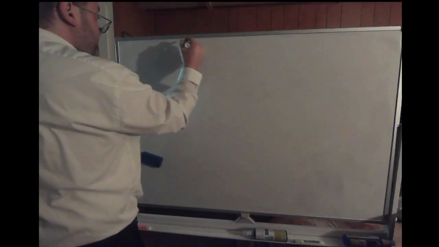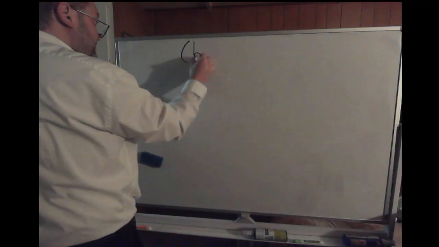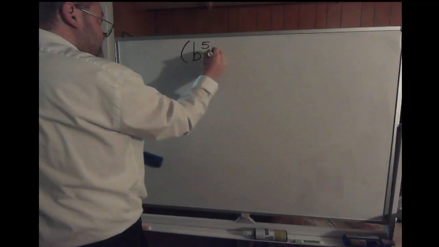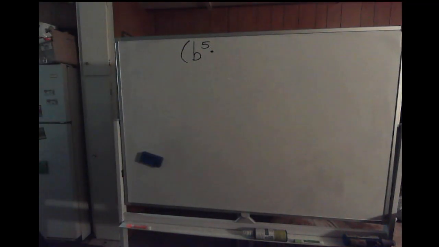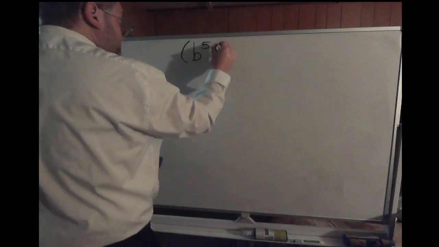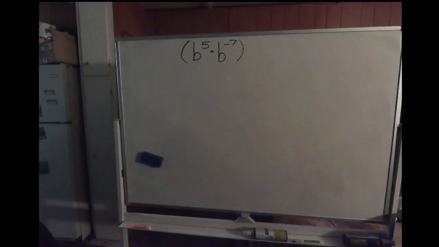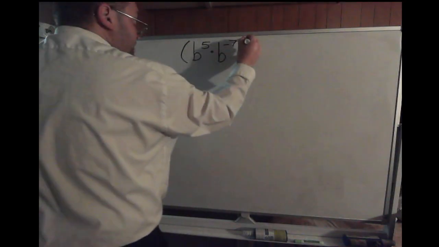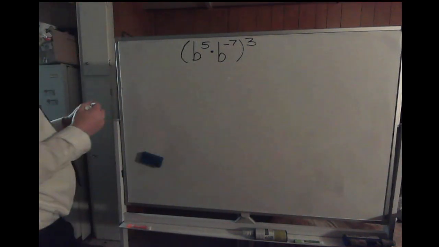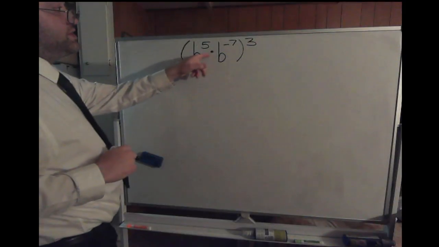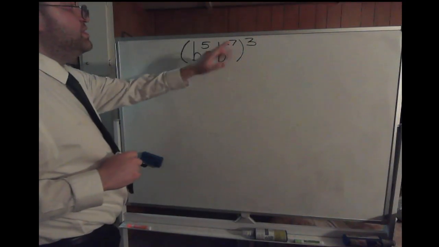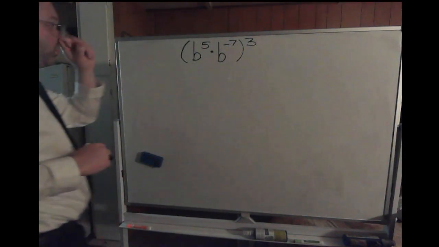Product here. We have b to the 5th times b to the negative 7, that whole quantity to the 3rd power. Alright, so we got b to the 5th times b to the negative 7th, that whole quantity to the 3rd power.